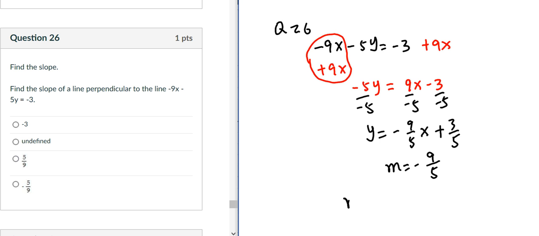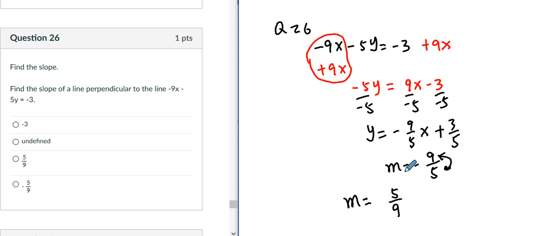So right now you don't know why, you just want to remember for the perpendicular line, the slope will be: flip this number, flip numerator and denominator, and change the sign, and then you'll get positive.